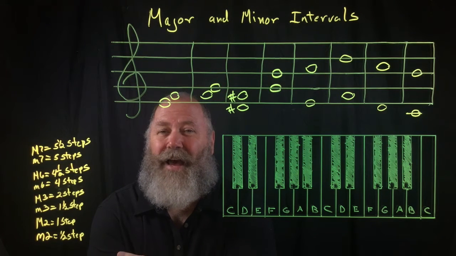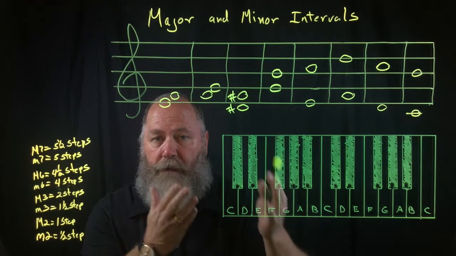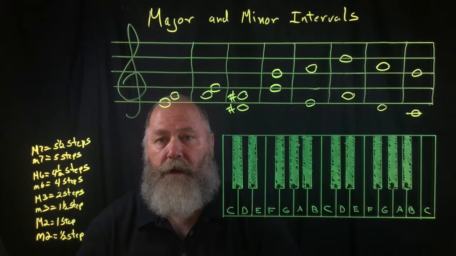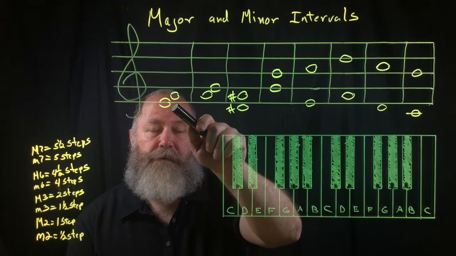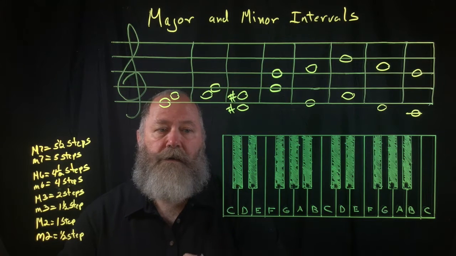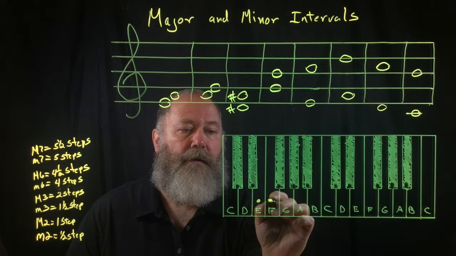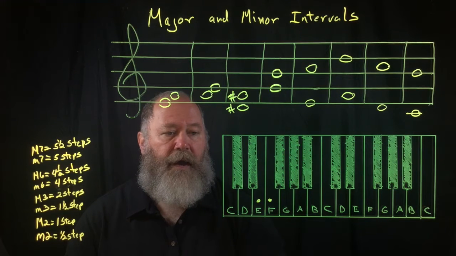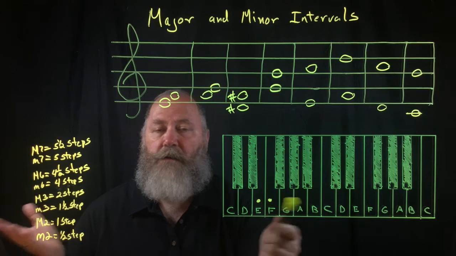So what does that look like when we see it on the staff up here or on the piano keyboard over here? Let's look at our first example. On our first example, we have an E and an F. If I mark those on the piano keyboard, you can see that going from E to F, we are not skipping over any keys.